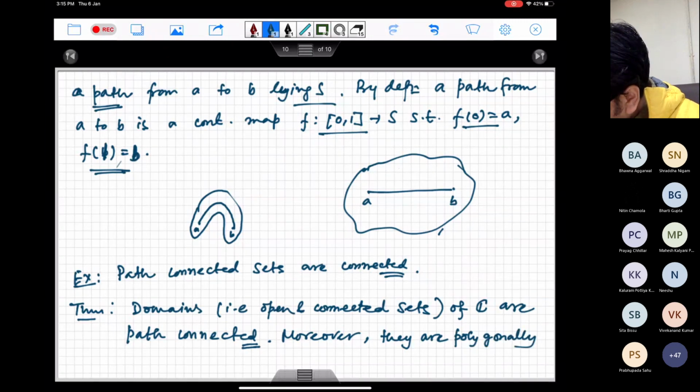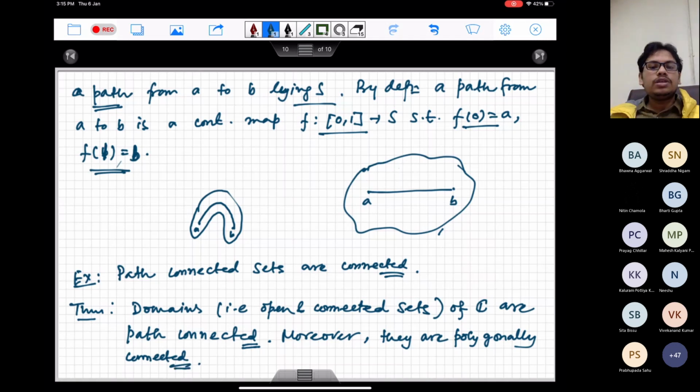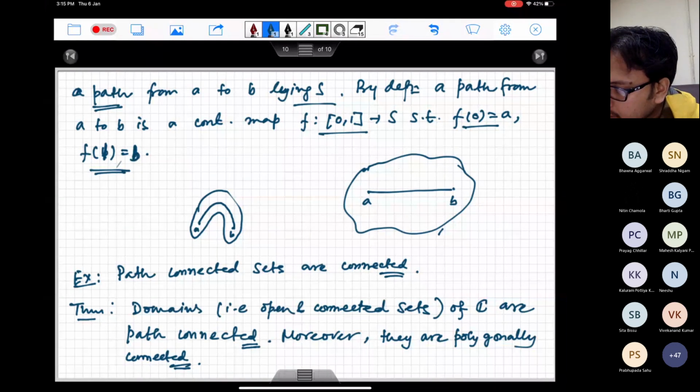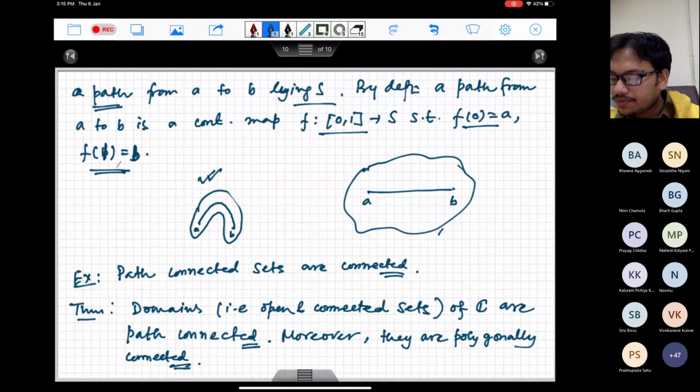So in the picture on the left, I had the points A and B, and I went from A to B by some continuous path. But polygonally connected means I can go by means of straight lines. I can go from A to B by means of straight lines.